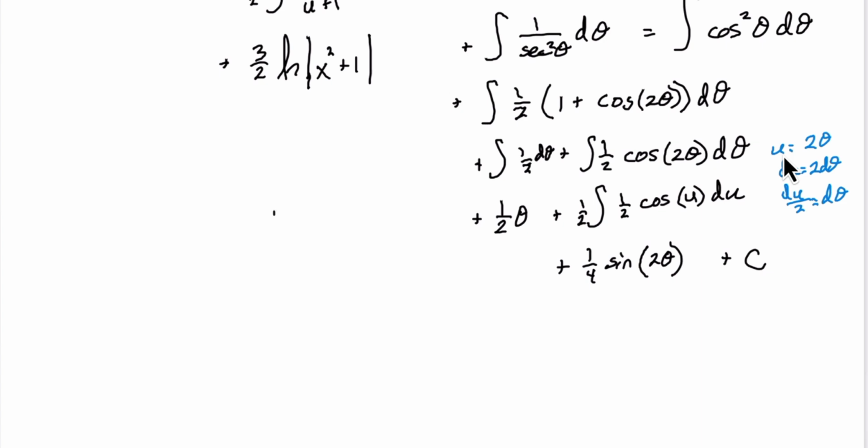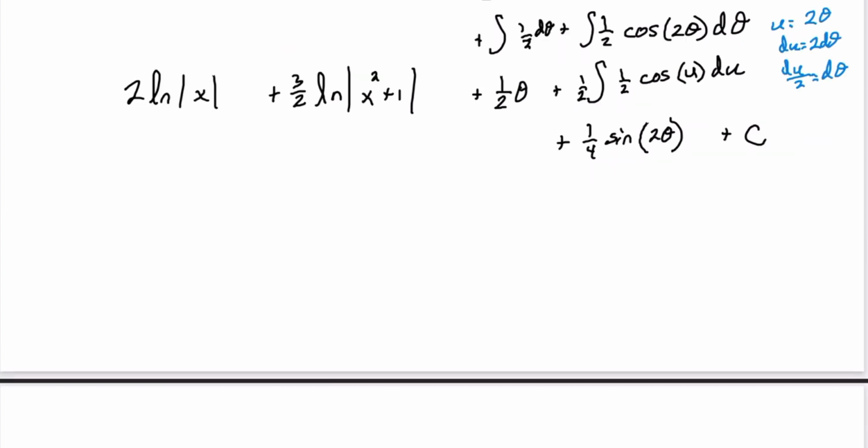So let me bring down what we had from earlier so I don't lose it. At this point, we eventually want to go back to the triangle and the fact that we said x equals tangent theta.